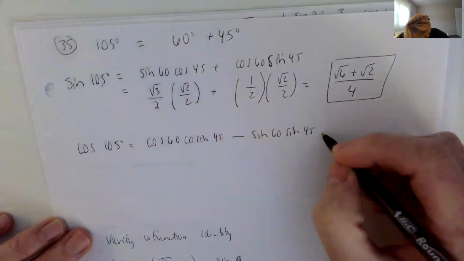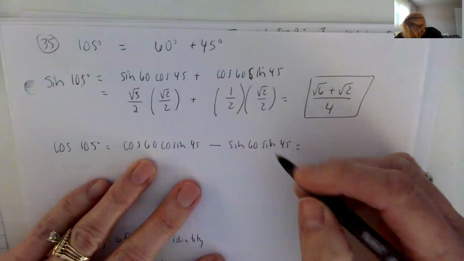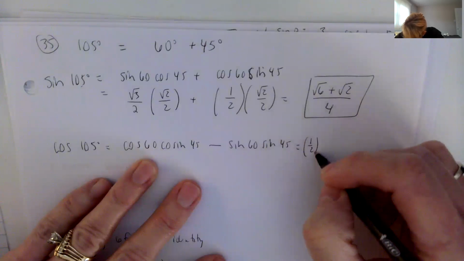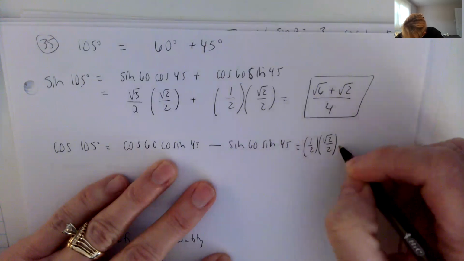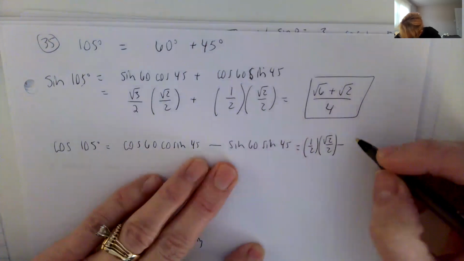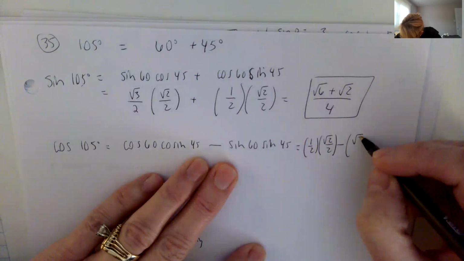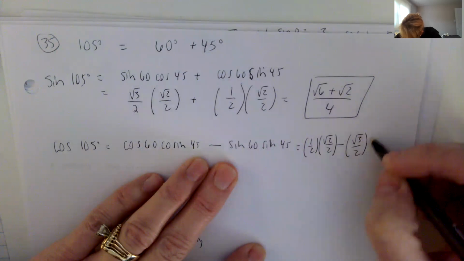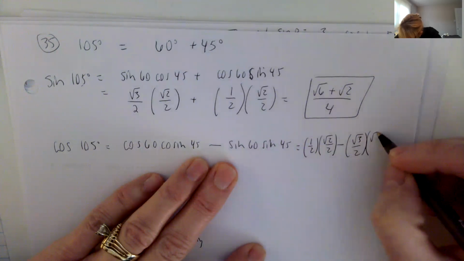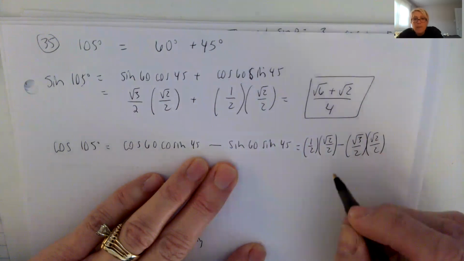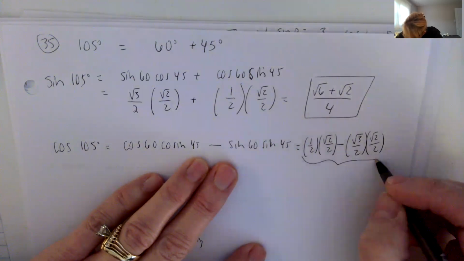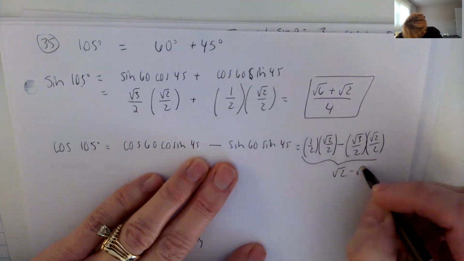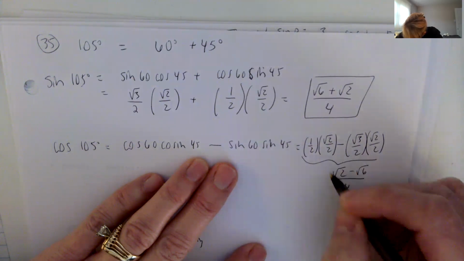And so cosine at 60 is 1/2 times cosine at 45 is square root of 2 over 2, subtracting sine at 60 times sine at 45. So this simplifies into square root of 2 minus square root of 6 over 4.